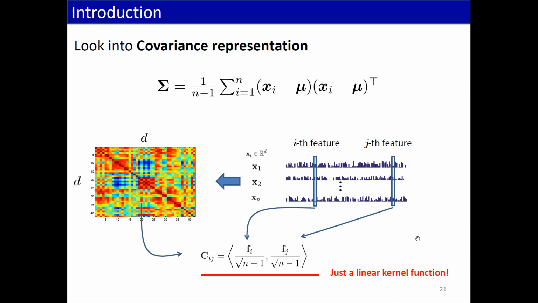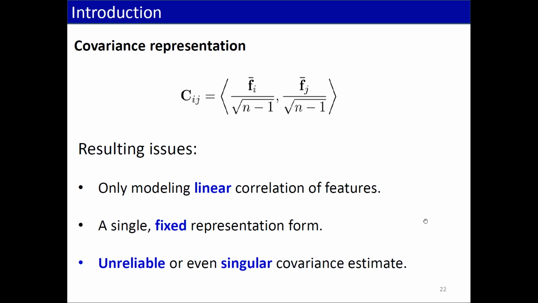Once we have this expression, we understand that the covariance matrix just models the linear correlation of the i-th and j-th features. But in real applications we cannot ensure that the correlation between, for example, the i-th channel and the j-th channel is just linear. What if there is nonlinear correlation?